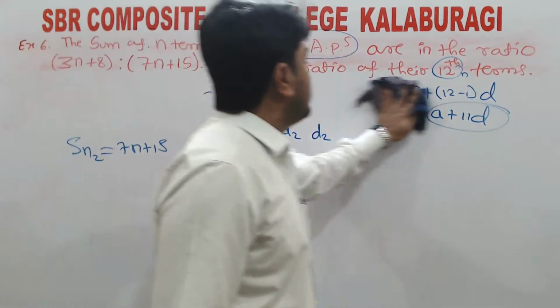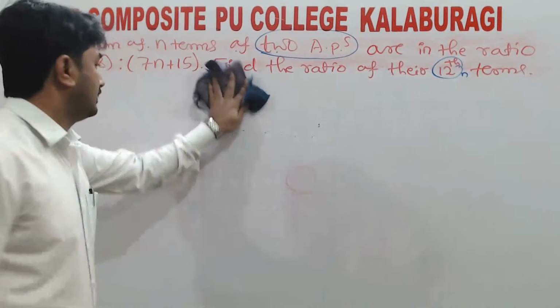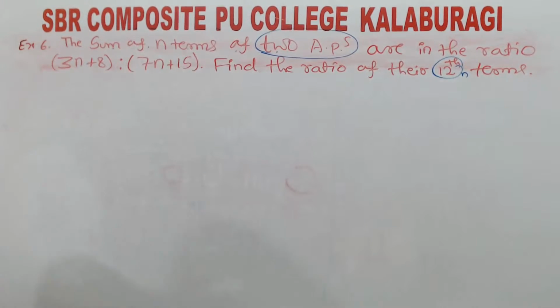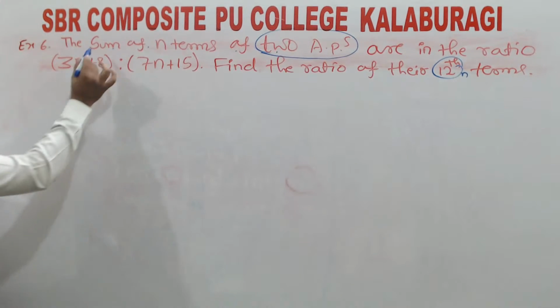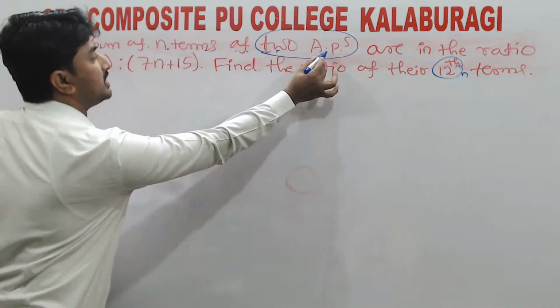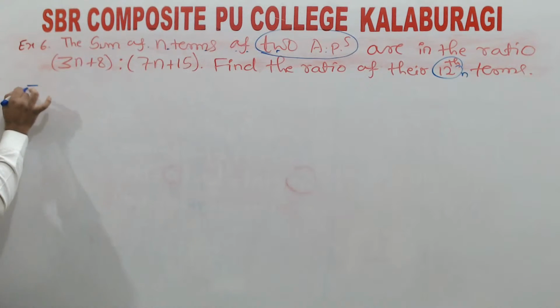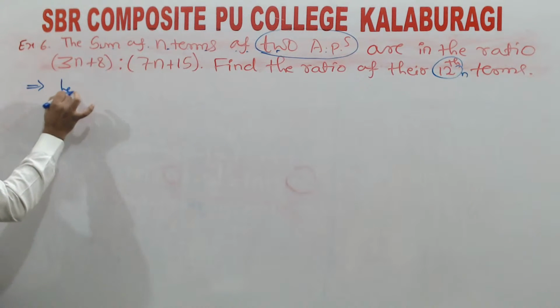So I am taking the given condition as it is. Here, what they have given is the sum of n terms of two arithmetic progressions.